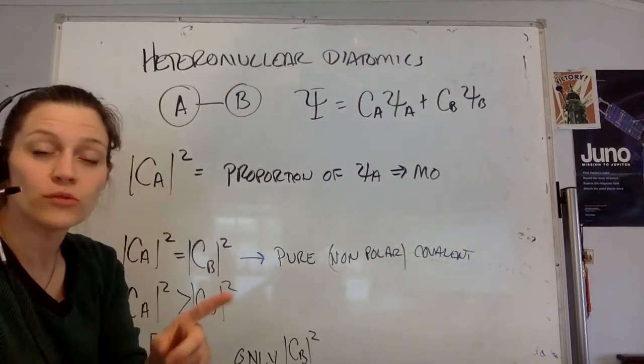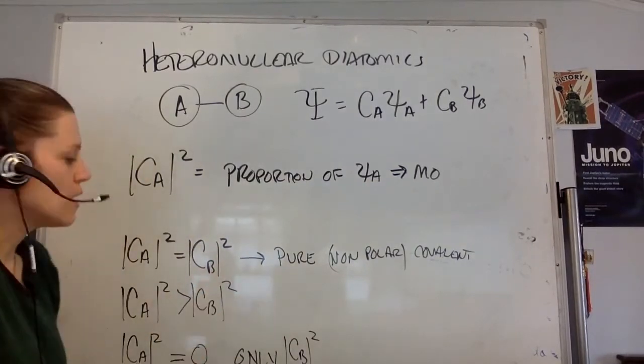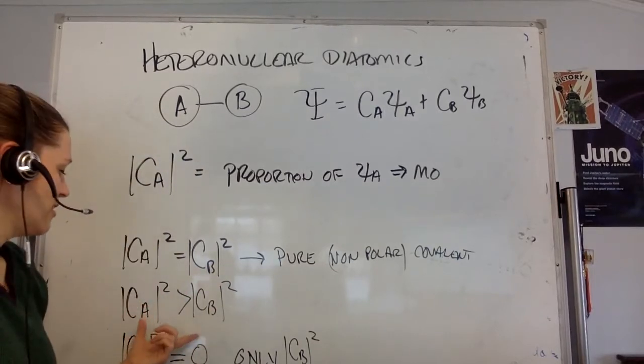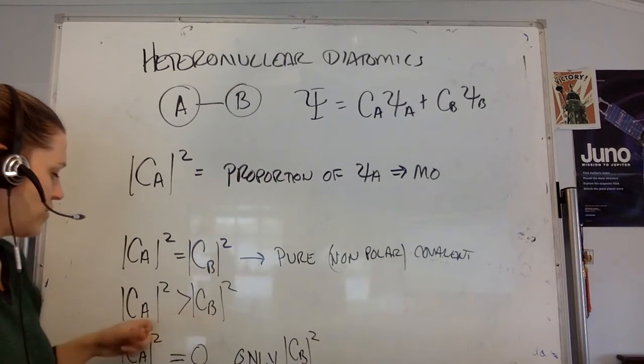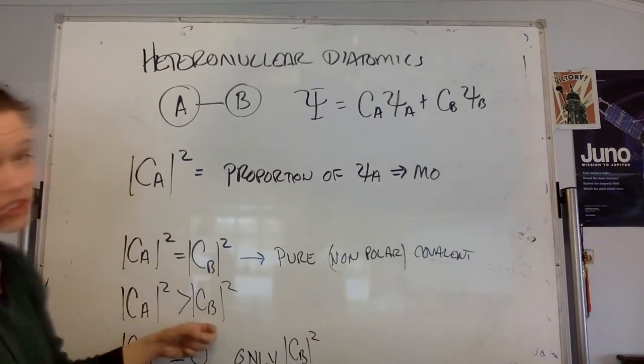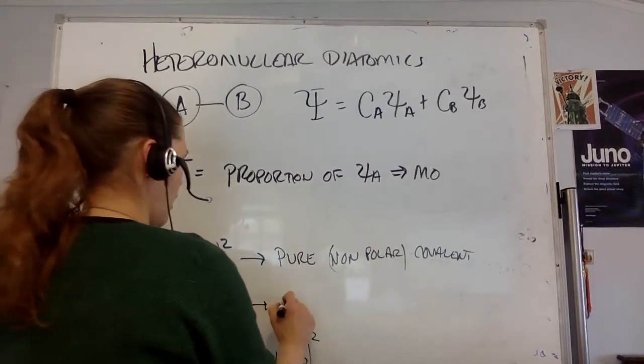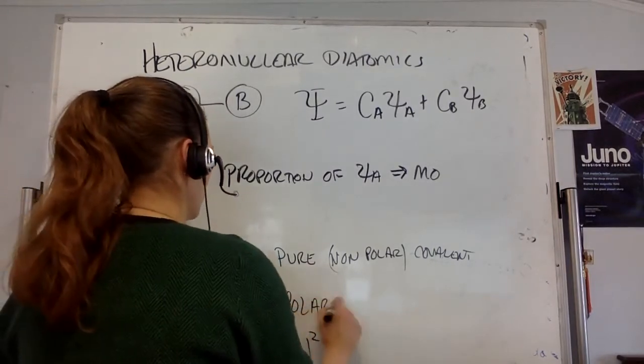If you have a true equal sharing, it's a pure covalent. If you don't have an equal sharing, i.e. from your hydrogen fluoride example from before, if say one of the coefficients squared is much, much greater than the other, now you have a polar covalent.